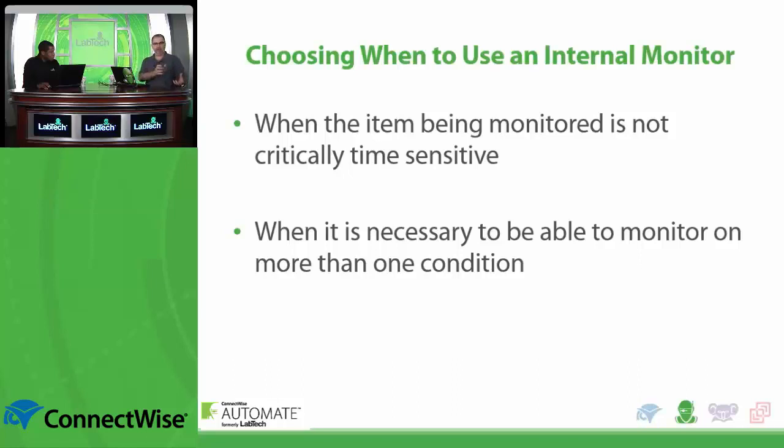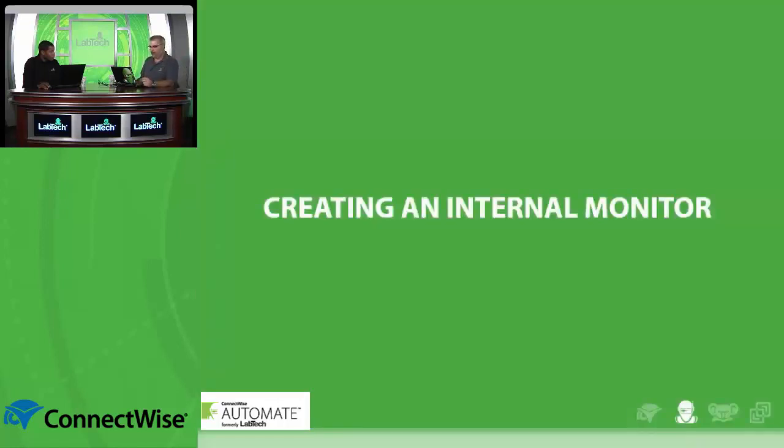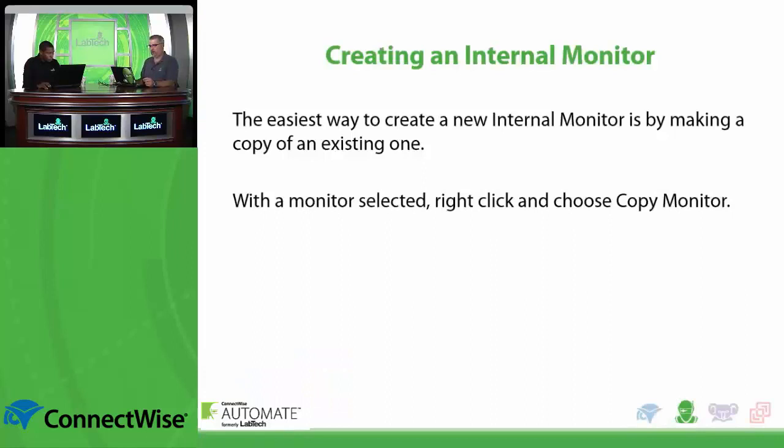And then I have additional conditions that I can apply to that to look for something else, and this and that or that. I have multiple things I can look at within an internal monitor. So that's another time when it's beneficial to choose an internal monitor, is when I need to have the ability to monitor on more than one factor. We're going to take a look at creating an internal monitor.